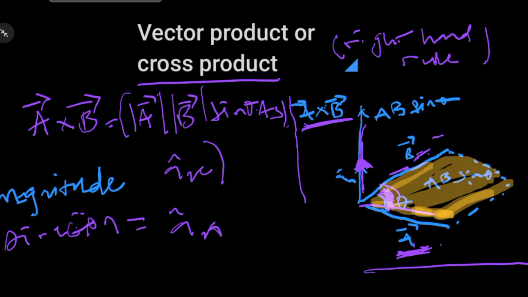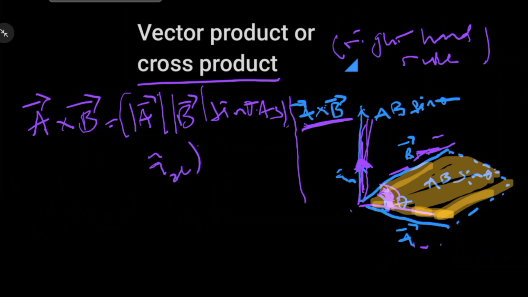The new unit vector is perpendicular to the plane containing A and B. So this is A, this is B, and this right here is perpendicular to A and B. So our new unit vector is right here because this is perpendicular to A and B.